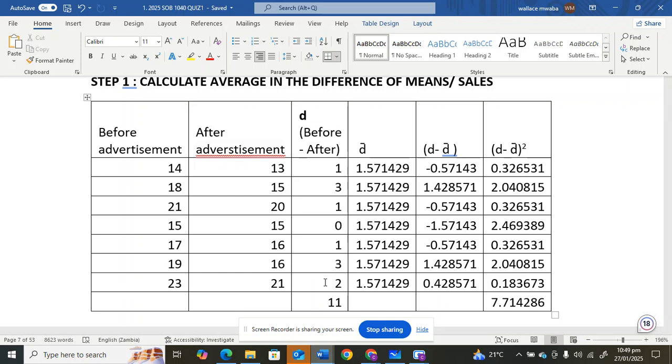After you have done all of that, now we are going to calculate the average. Remember how we calculate the average?